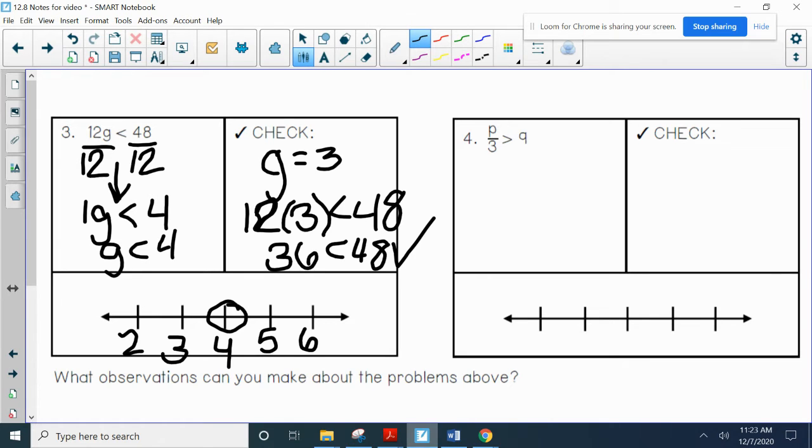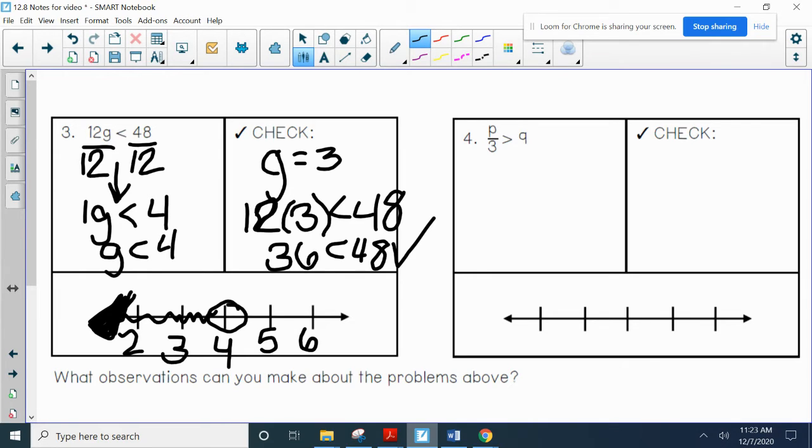We already said that 3 makes this true, so we know we're going to go ahead and shade towards it. And we know that 2 and 3 and anything smaller than them are going to be smaller than 4. And again, a variable came first. So we can check and see that that inequality symbol points to the left, and so does our shading.